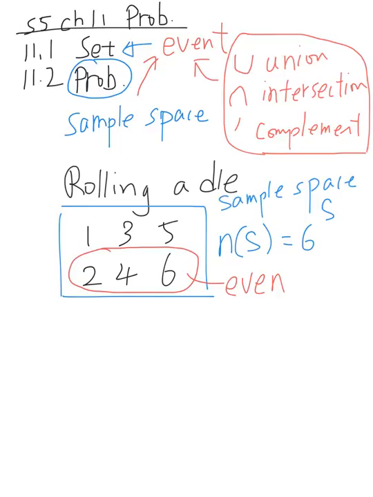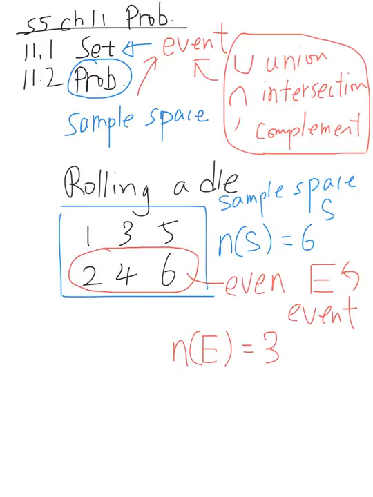Let me define the even number outcome as E. The number of choices for getting an even number is equal to 3, because you have 2, 4, 6.